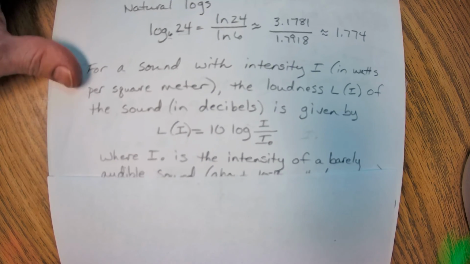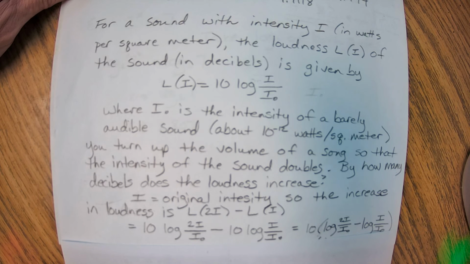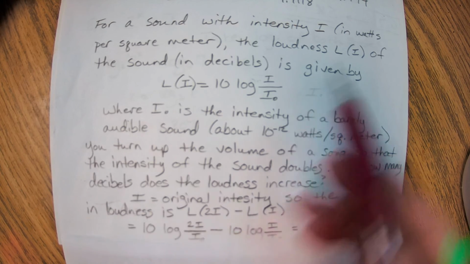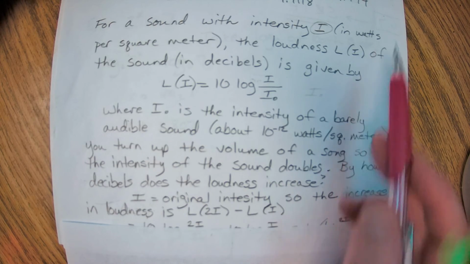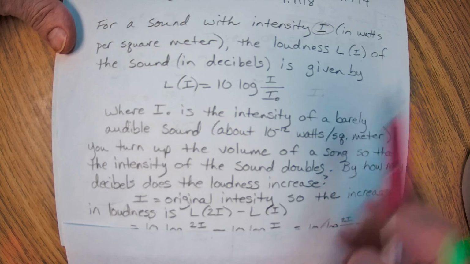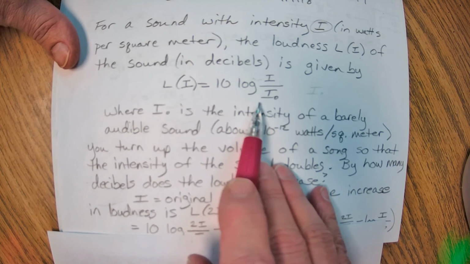So let's look at this word problem. Seems kind of long and looks really complicated, doesn't it? It's not that complicated. Okay, so for a sound with intensity I, measured in watts per square meter, the loudness L of I of the sound in decibels is given by this formula.